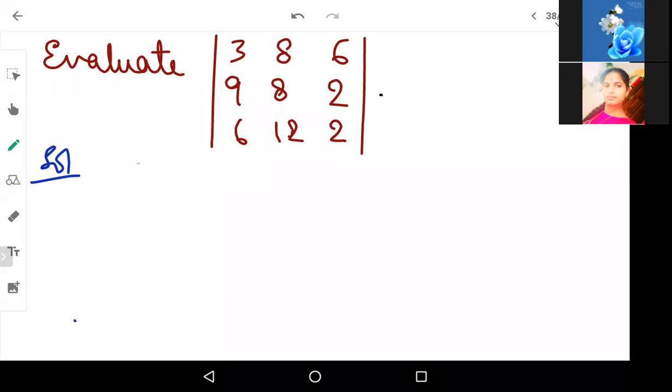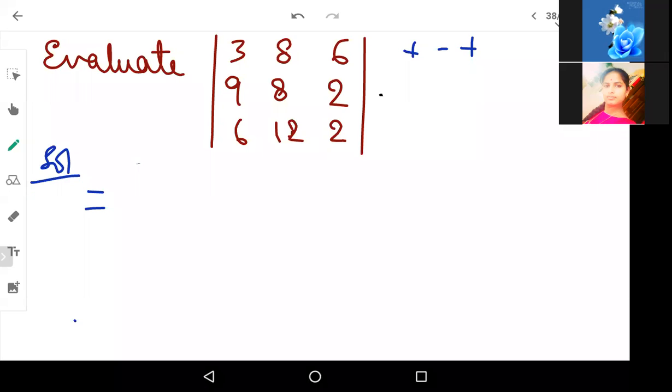Solution. So this is the determinant. And what is the sign position for the first row? Very good. Plus, minus, plus. That will be the positional sign for the first row.